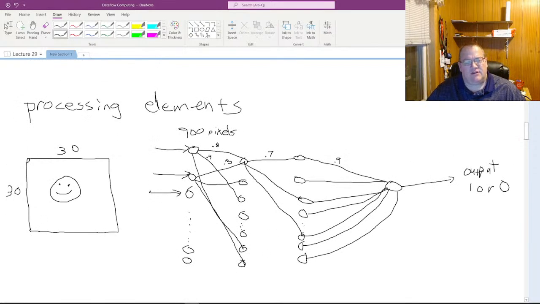If we had to look at, say, this one pixel here, how many possible relationships are there between this pixel and the other pixels on the board? Well, 899 of them. That's a lot. In this case, we're going to push in the 900, and then we're going to drop down to, say, maybe 16 different intermediate values, and then those will affect a subset of the 16 in the next group, and that'll affect 1.